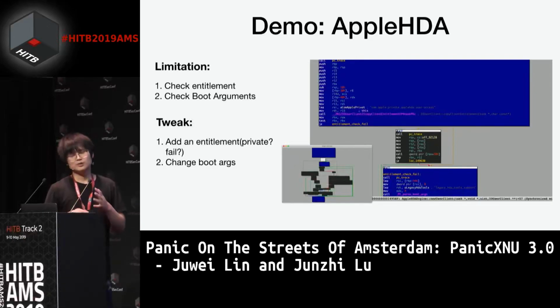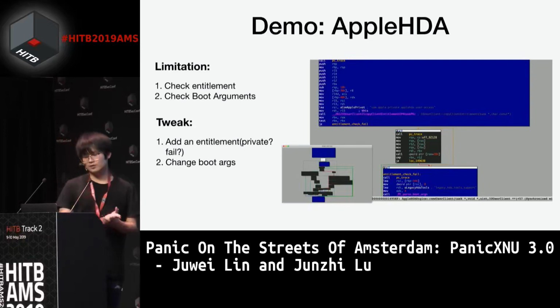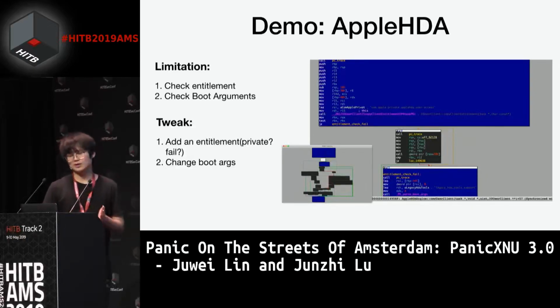So there should be some tweaks to make it run. First, maybe we can add some entitlements, but in fact, this entitlement is Apple's private, so we couldn't. And second, we can change the boot arguments. In fact, that's what really works. And the other code blocks in IDA are now hit.